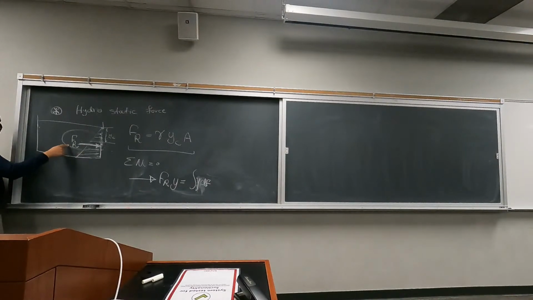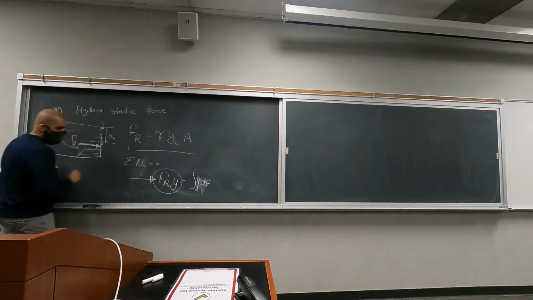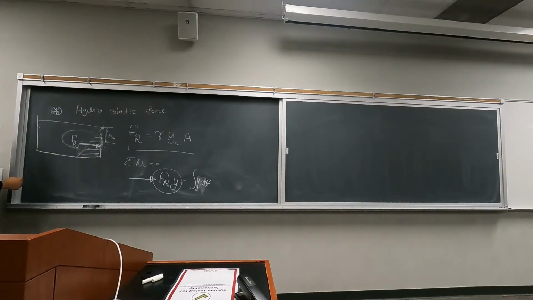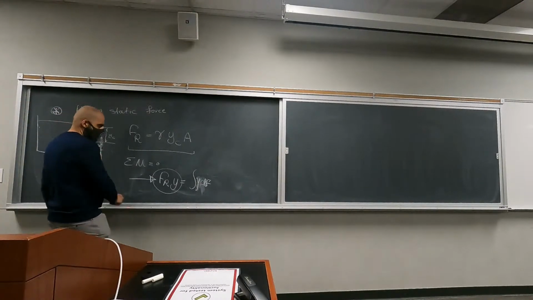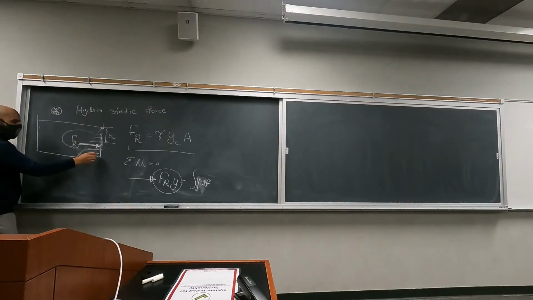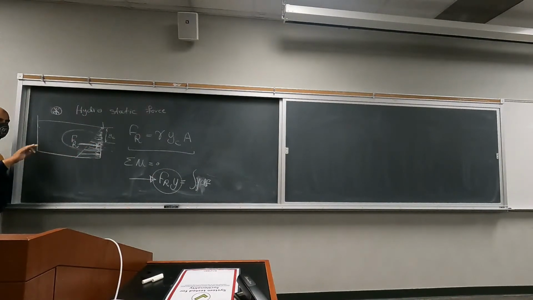The moment this force creates is going to be Fr multiplied by y, which is the distance this F has from the coordinate origin. And the rest of it is going to be the moment all of these pressure distributions, these small point forces, are going to create at that location, right?